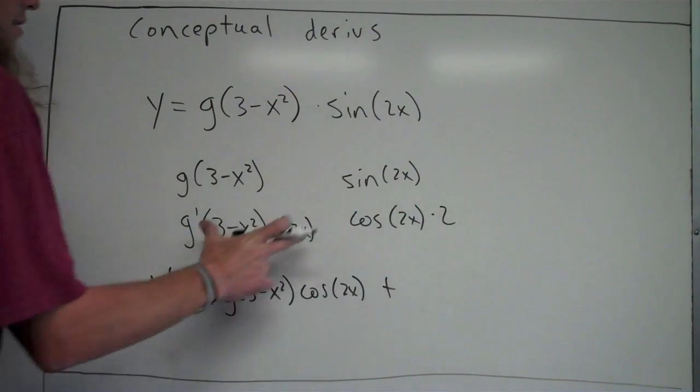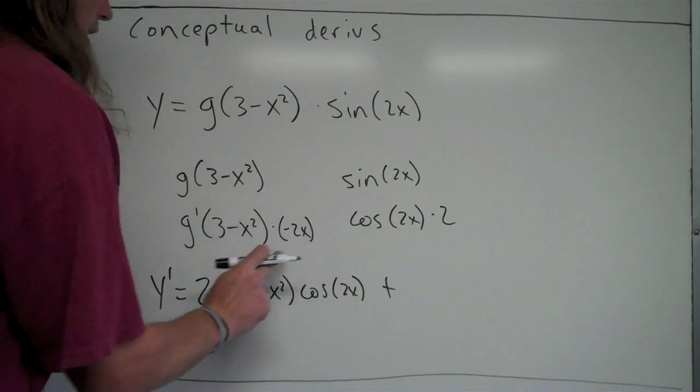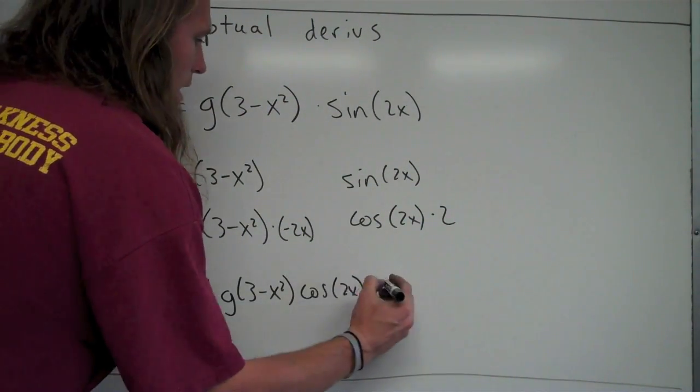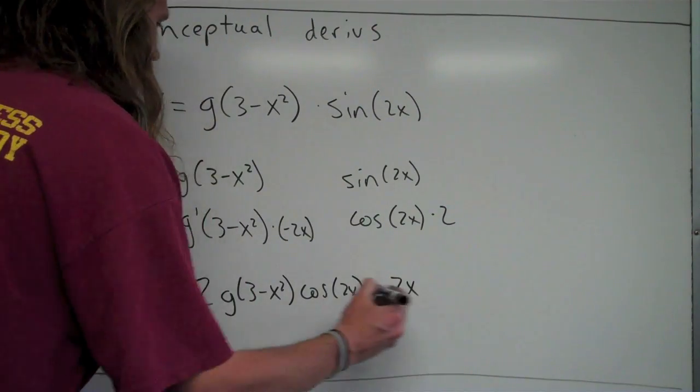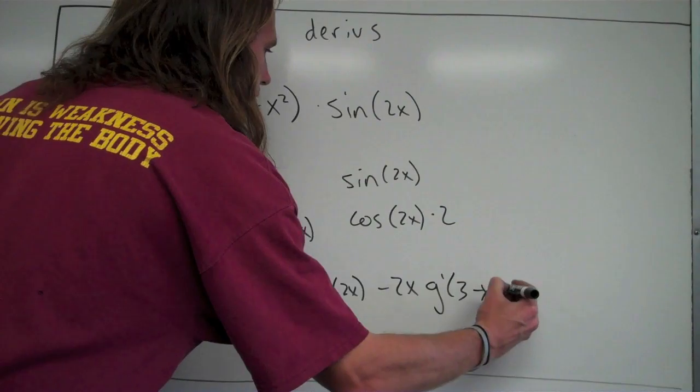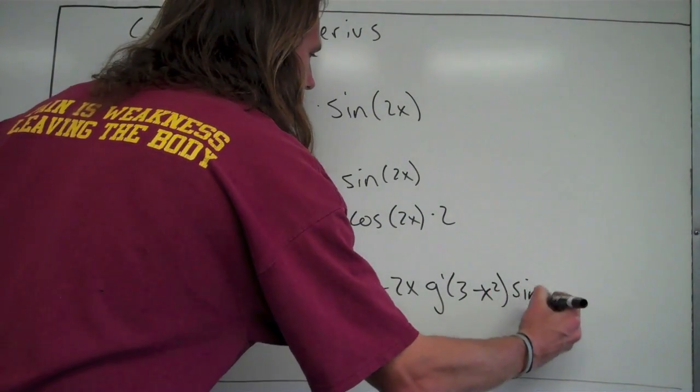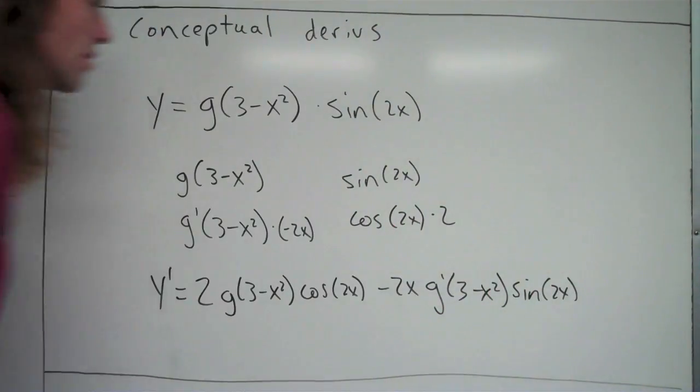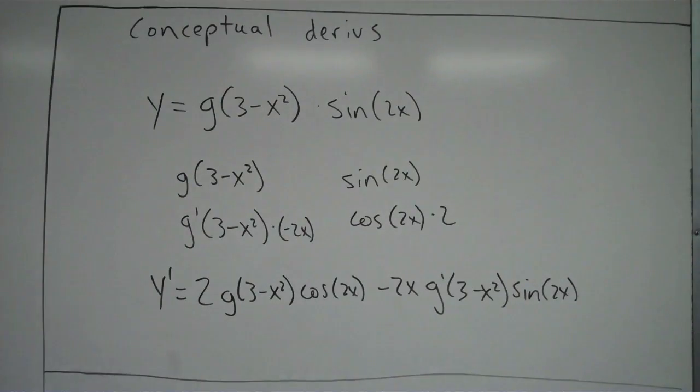So this guy times this guy here. Again, I'll put the negative 2x in front, so I'll make it minus 2x, times g prime of 3 minus x squared times sine of 2x. So that one's kind of nasty right there, but you can see how that works out.